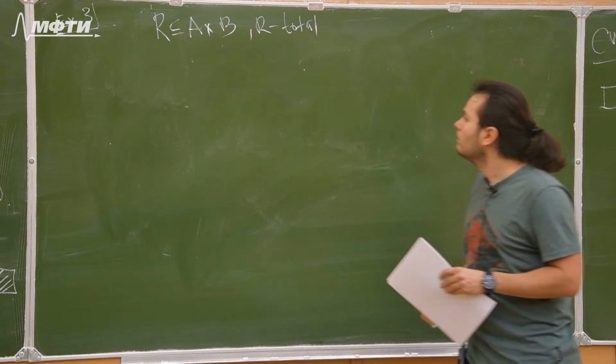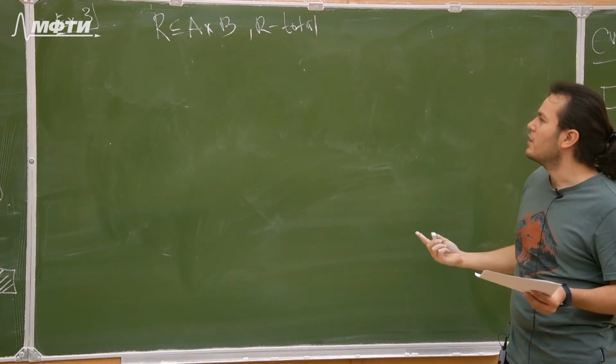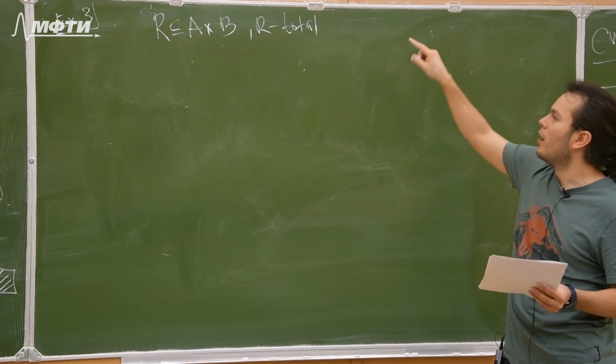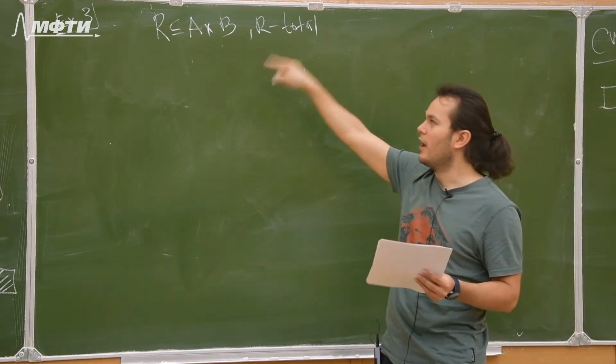Okay, so if R is total, it means that the domain of R is equal to the set A, right?